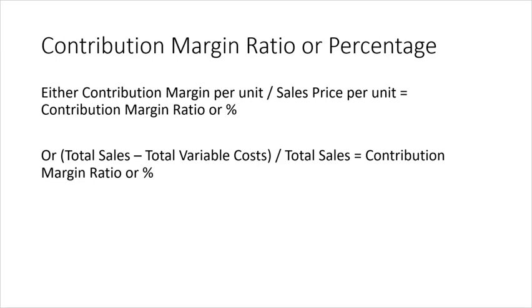The contribution margin ratio is the contribution margin per unit divided by the sales price per unit. So you take one more step. It can also be found if you don't have per unit, you just know the totals: the total sales minus the total variable cost divided by the total sales is your contribution margin ratio or percentage.